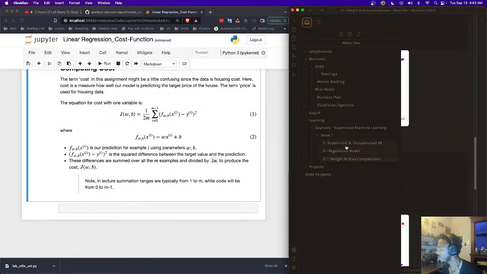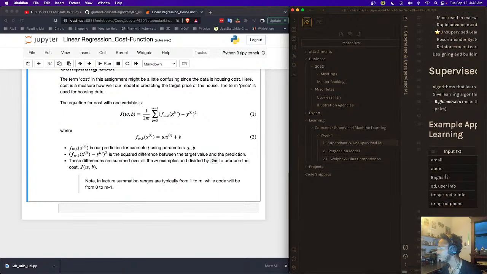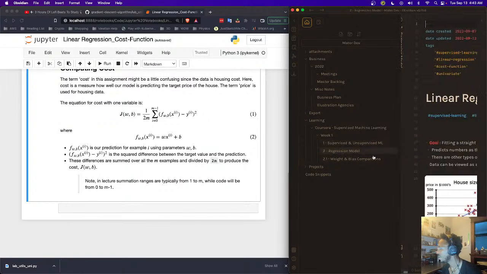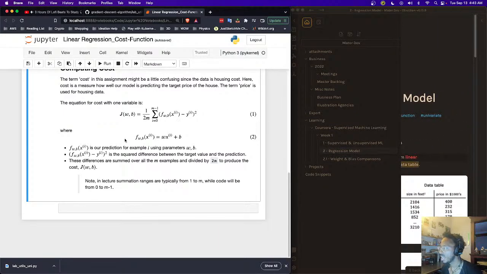Okay, so I think I got all the places where I had an issue with my formula. So yeah, back to this. m minus 1 is the maximum, and i equals 0 is the minimum. These basically describe how this summation is going to iterate over the entire set of data.